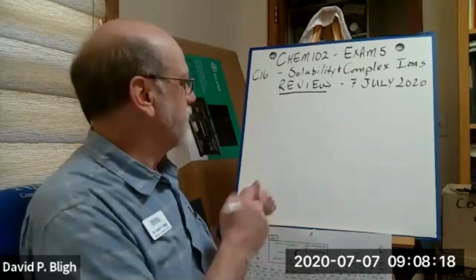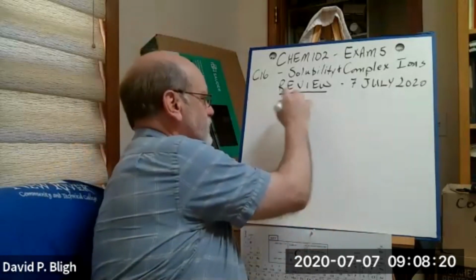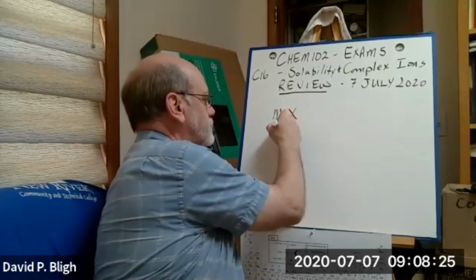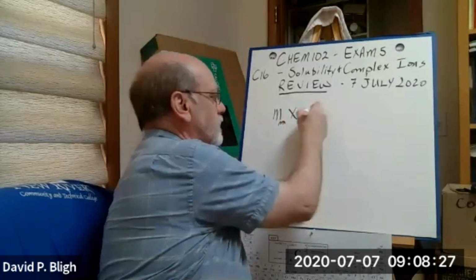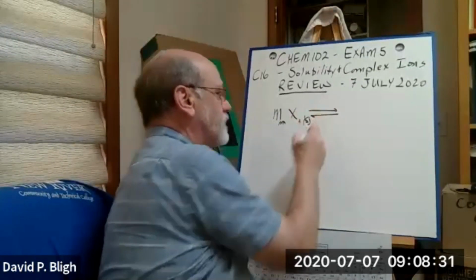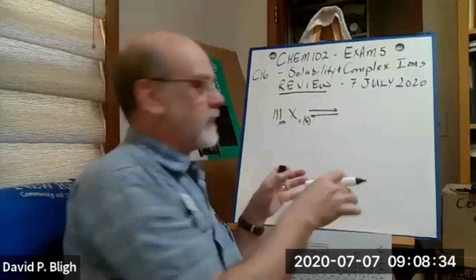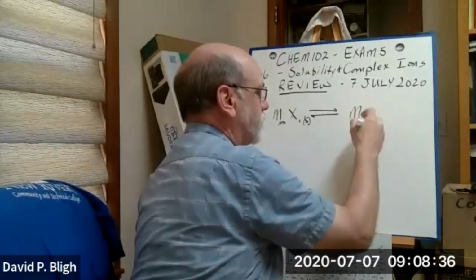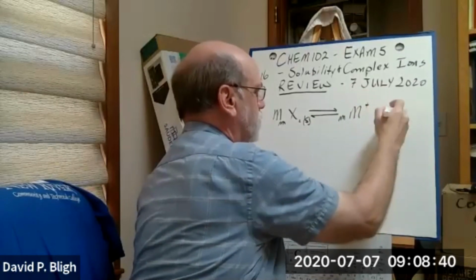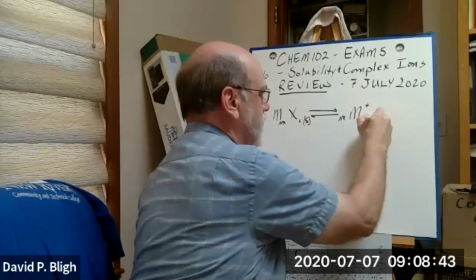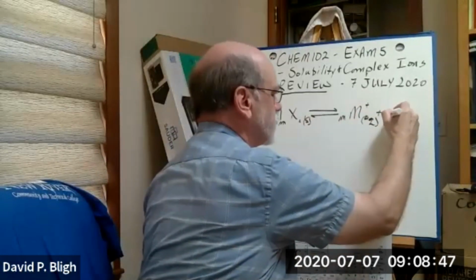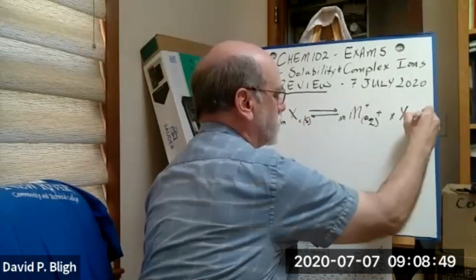Only solubility has some compound which is a solid and is in equilibrium with the aqueous ions that are produced from the solution of that solid.